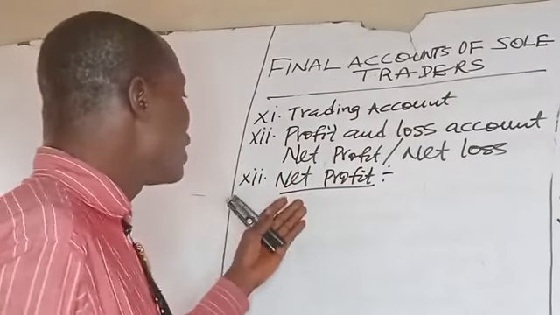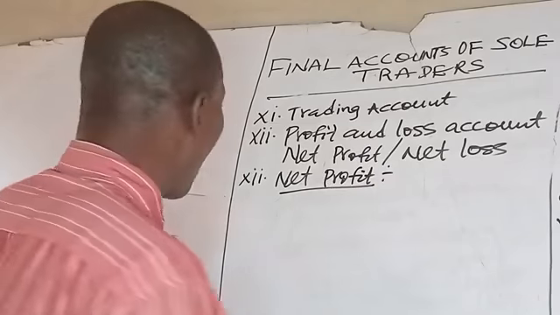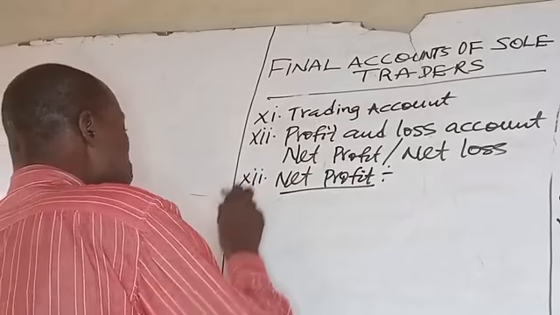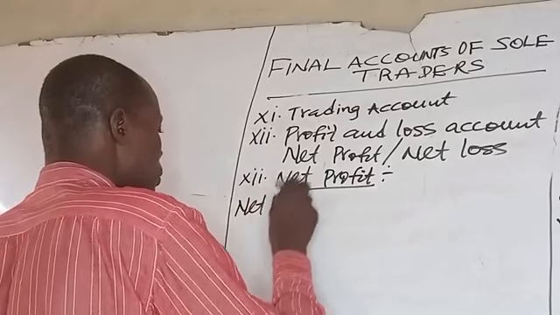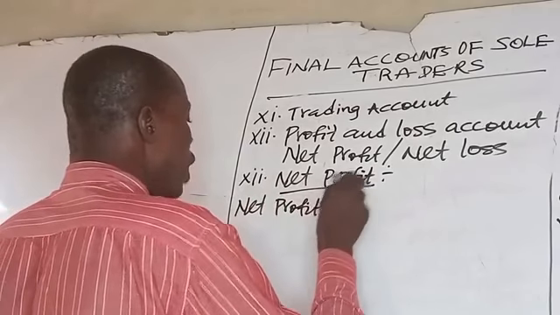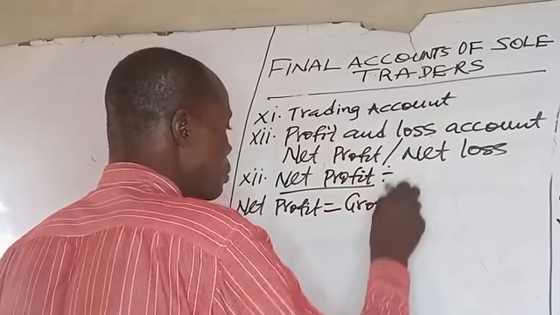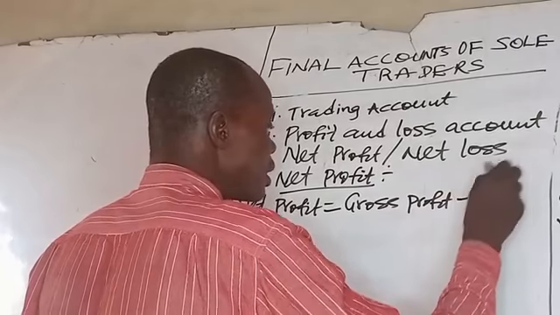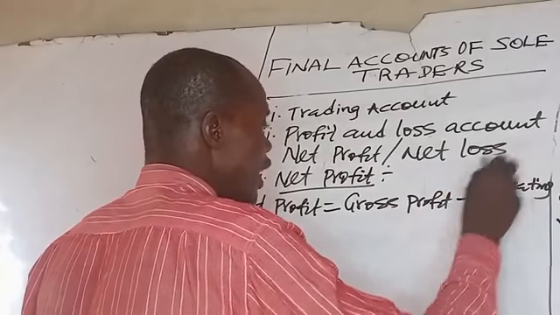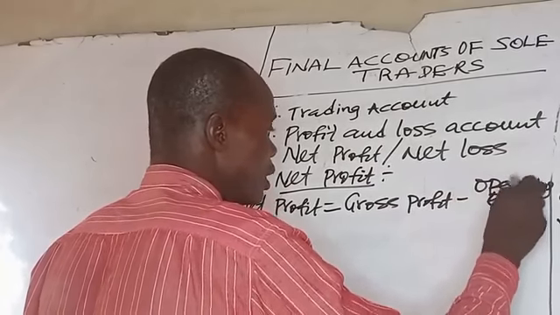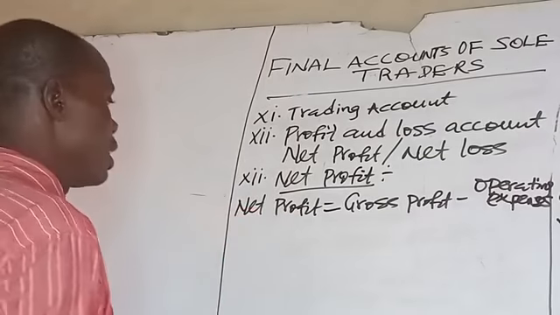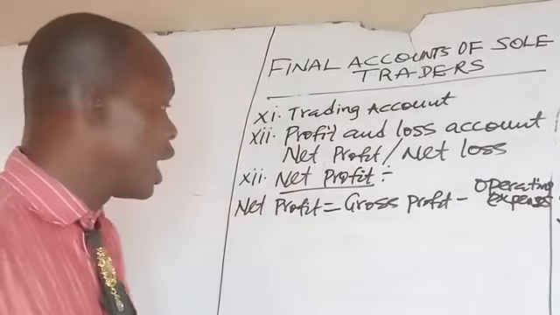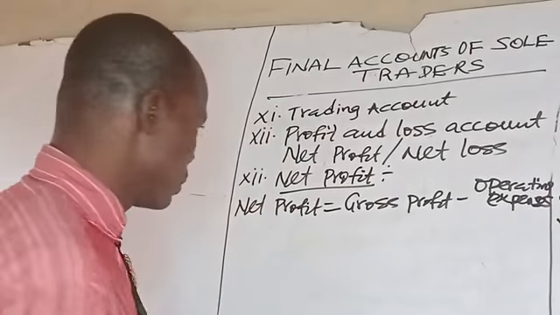Therefore, net profit equals gross profit minus operating expenses. Gross profit minus operating expenses, that will give you the net profit.